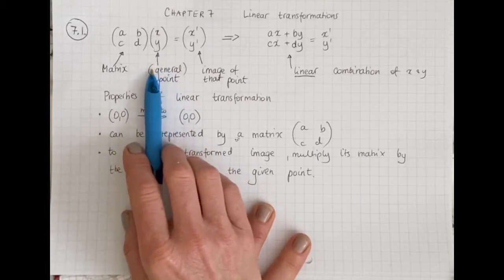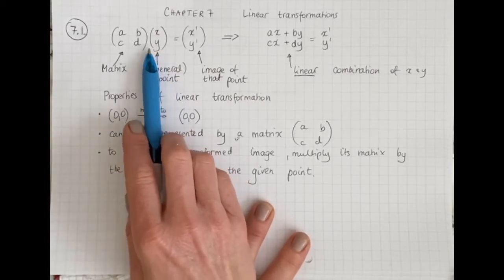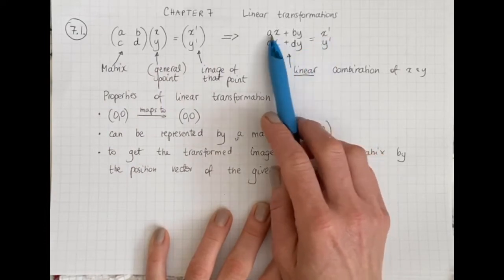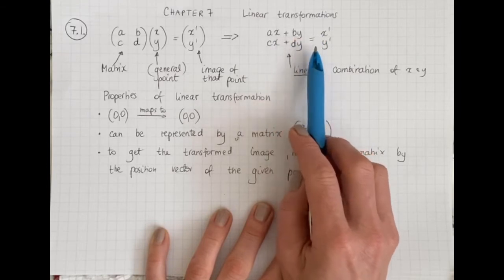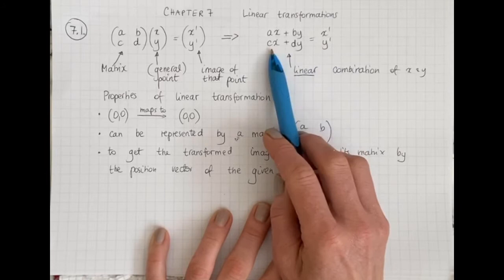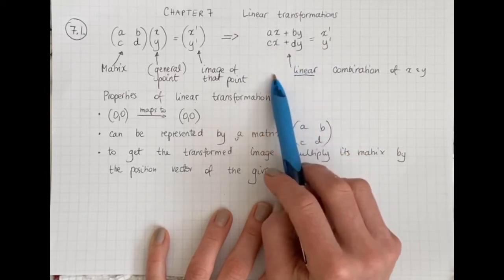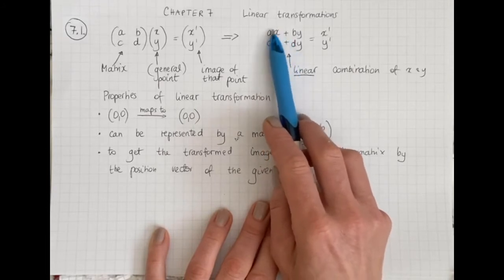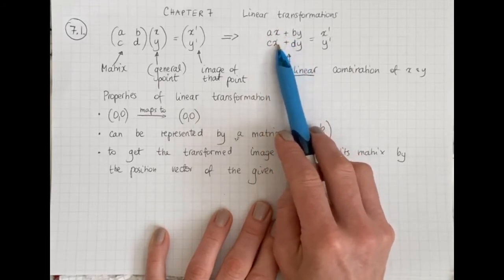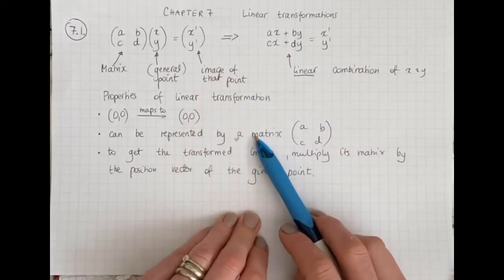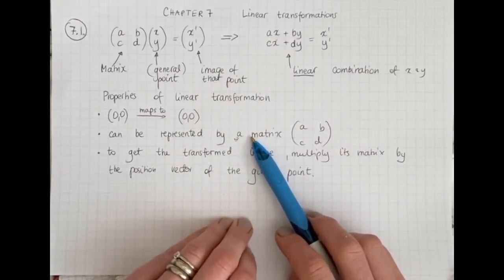So in general, if you put a general point x, y, then the x coordinate will go to ax plus by, and the y coordinate, so its image y dash, will go to cx plus dy. Okay, for a linear transformation, you need to obtain a linear combination of x and y as your answer, as your image of those coordinates.